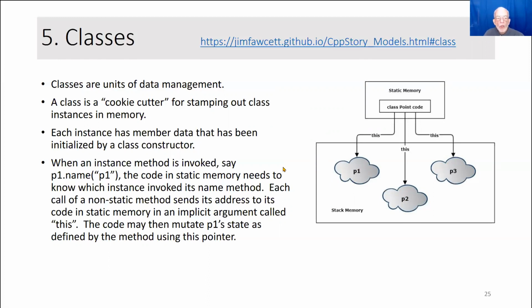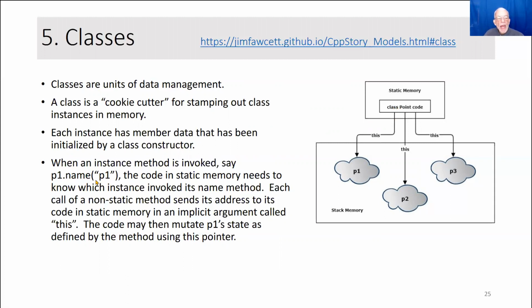Next question is, when we call a function, for example, this is a point class and it has a name method. If we call p1.name with some string, in this case p1, that's mutating the state. And the question is, how does this code find the object to mutate?